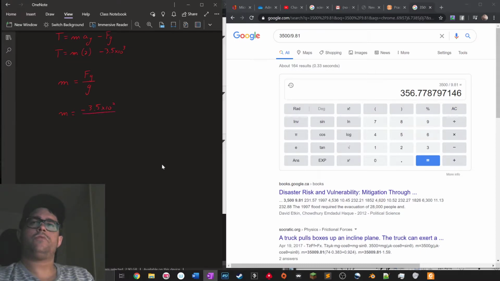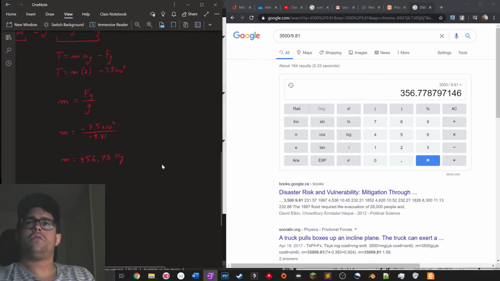M is 356.78 kilograms. Now we can put that in the equation. Tension will be equal to mg.